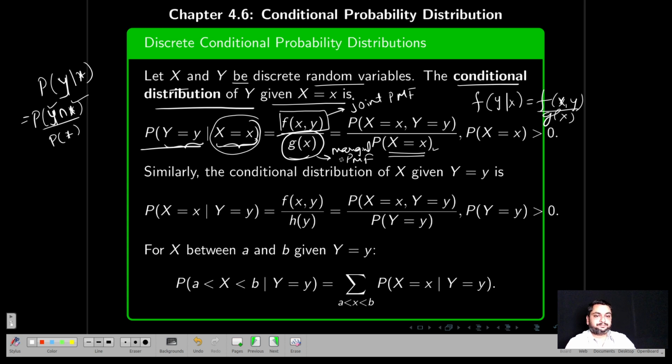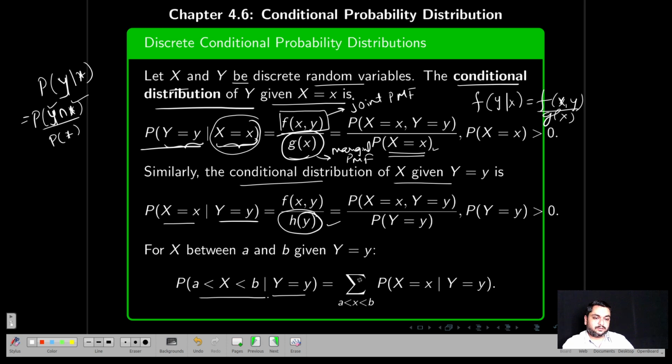So we can write, similarly, for x given y, so y is given, x changes. Only thing is, instead of g of x, you are fixing y, right? That only changes. And then the area between this is given by, for example, if I want to find a less than x less than b given y equal to y, how will you find?